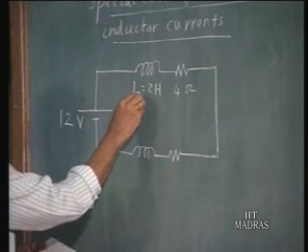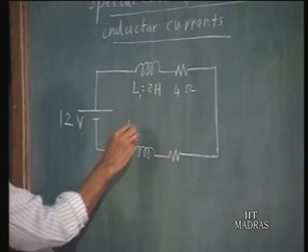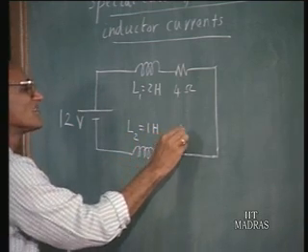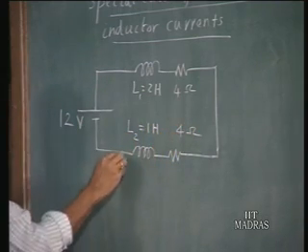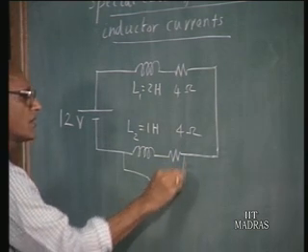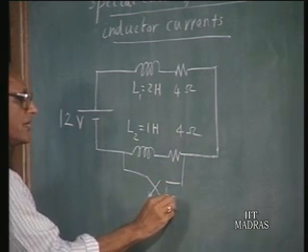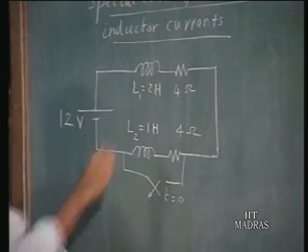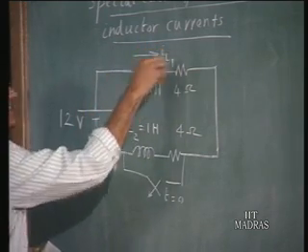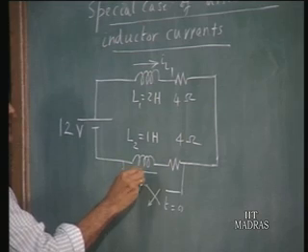Let us call this L1, call this L2, 1 Henry and 4 ohms. And let us have a switch which is kept closed for a long time, and the switch is opened at t equals 0. Now, if I call this IL1, the current in this inductor as IL1 and the current in this inductor as IL2.